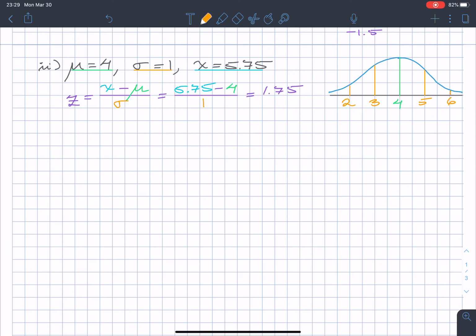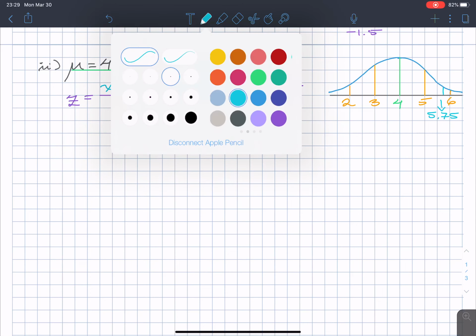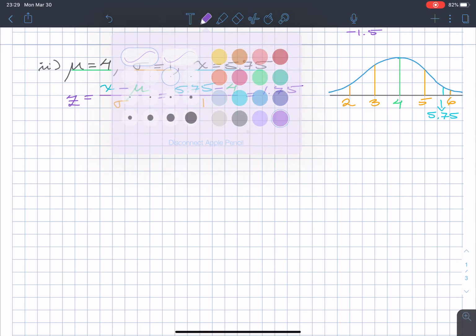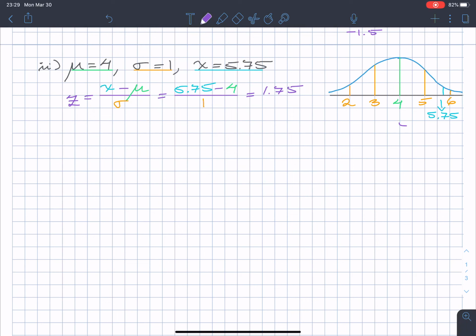Okay, but my data point is at 5.75, so that's about here. Okay, well, how many standard deviations? Well, thank goodness this is measured as 1. So that's 1.75 standard deviations away from the mean.